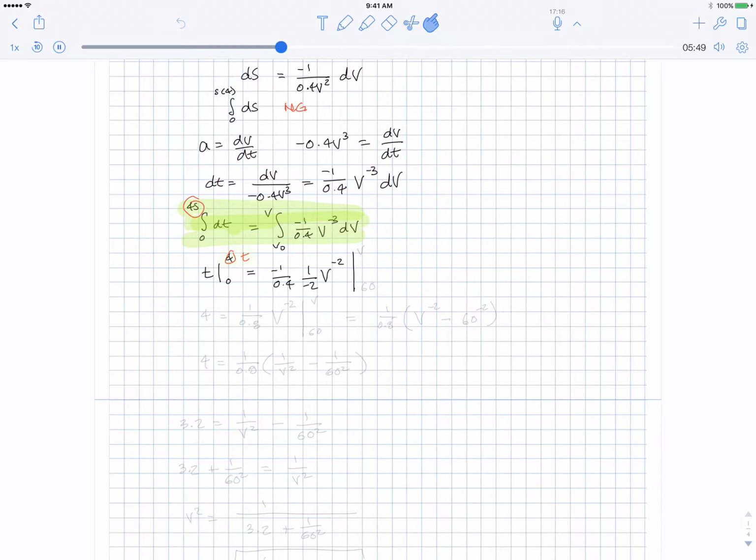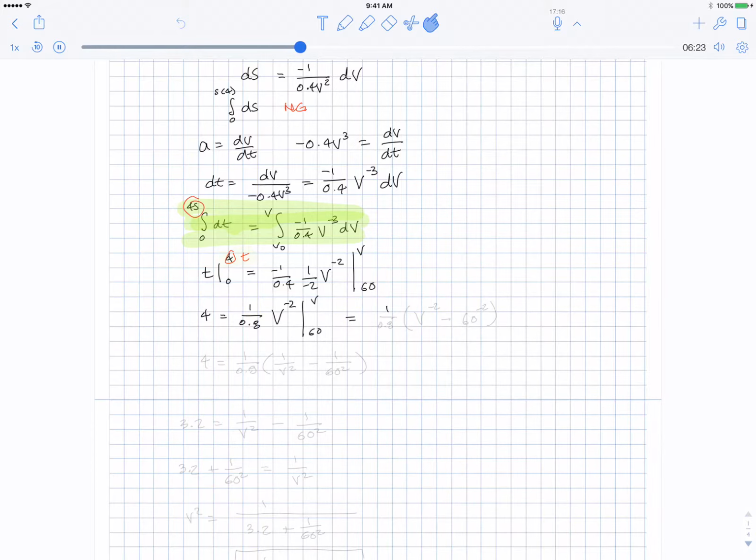And that goes from v0, which is 60, to v at 4 seconds. Okay, so we plug that in. 4 equals 1 over 0.8 v to the minus 2 from 60 to v.